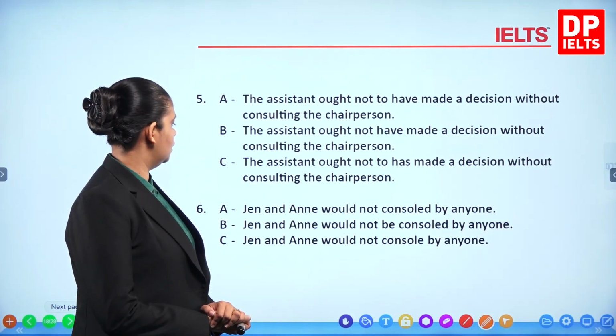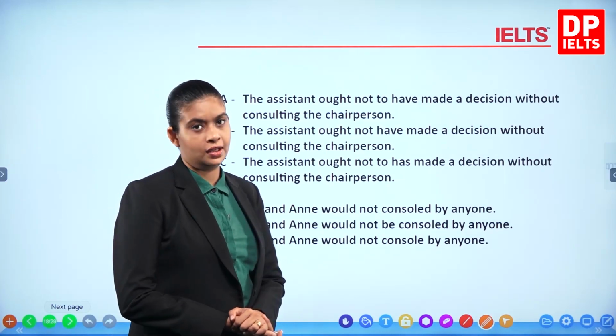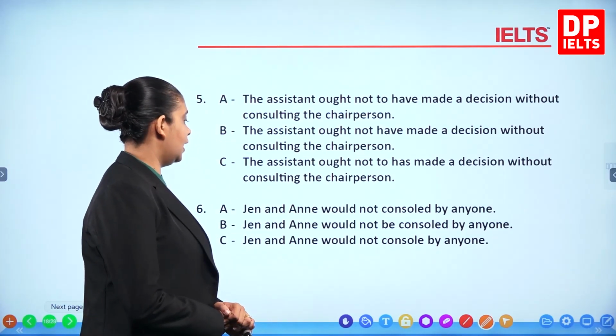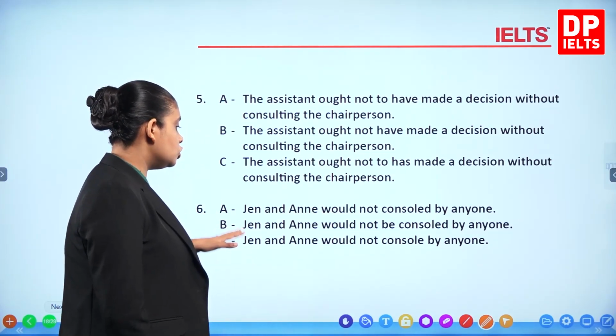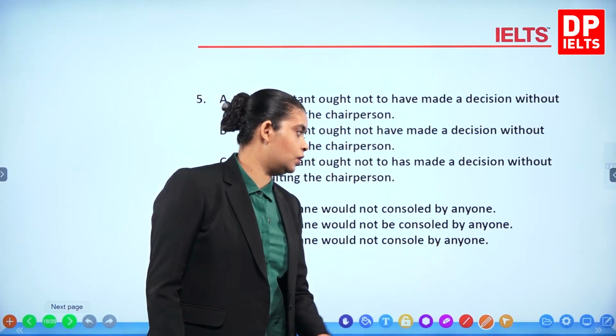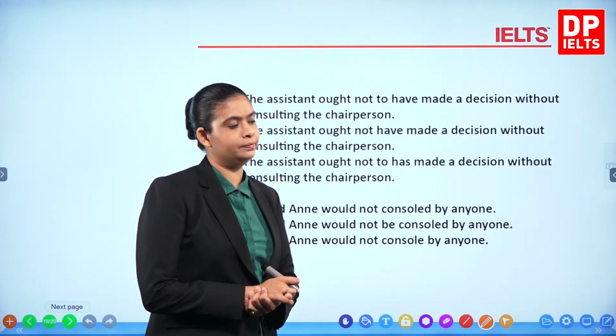Next one. Jen and Anne would not consoled by anyone. Jen and Anne would not be consoled by anyone. Jen and Anne would not console by anyone. So think about the passive verb form.